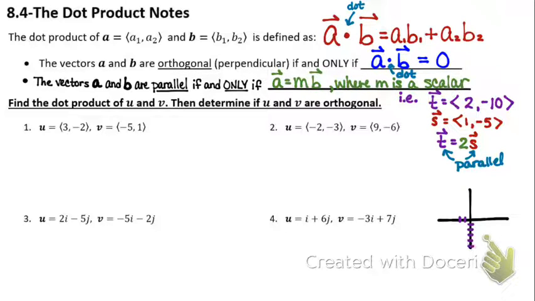I'm going to run out of room here. So that first vector t that I wrote, there's my vector t. Vector s is right here. Do you see how they fall along the exact same path? They have the same direction.